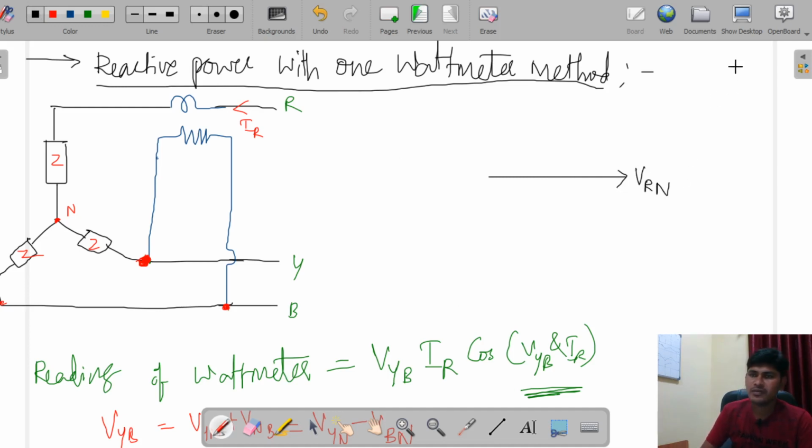You know, VRN, VYN, VBN all are equal in magnitude but displaced by an angle of 120 degrees from each other. So VYN lags VRN by an angle of 120 degrees.